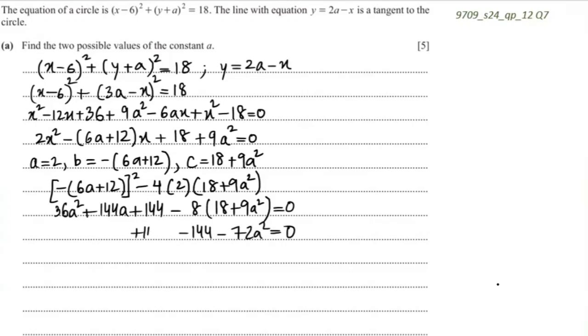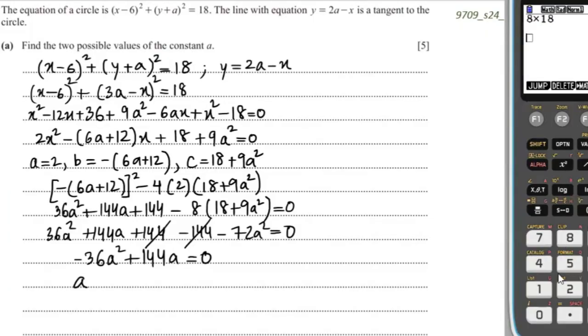This is plus 144, plus 144a and 36a squared. So this goes away. I have minus 36a squared plus 144a equals 0. I can pull out the a, and I can pull out the 36 as well. Dividing 144 by 36, that's going to be 4.